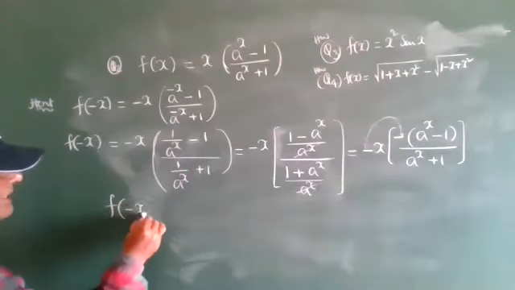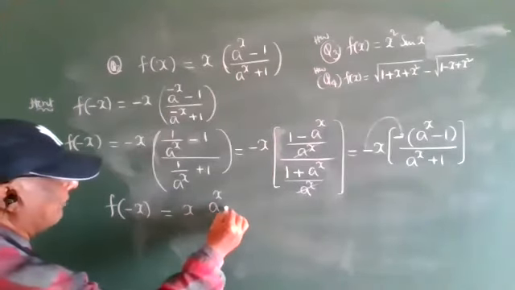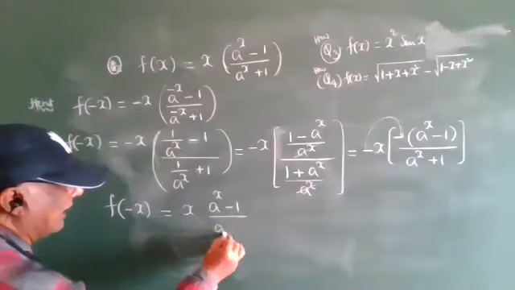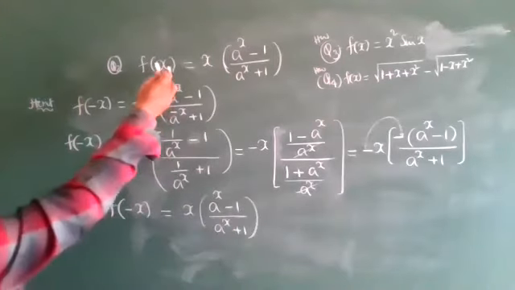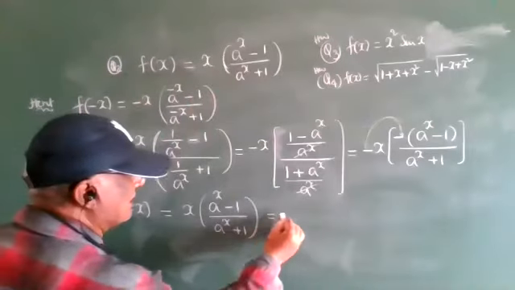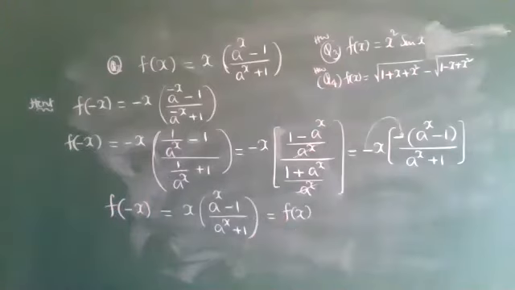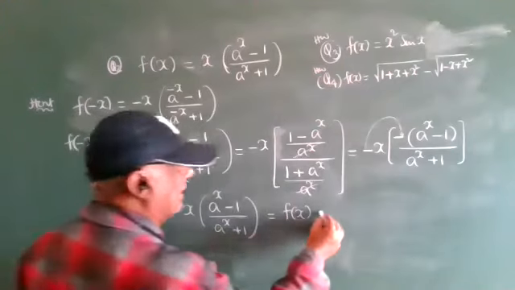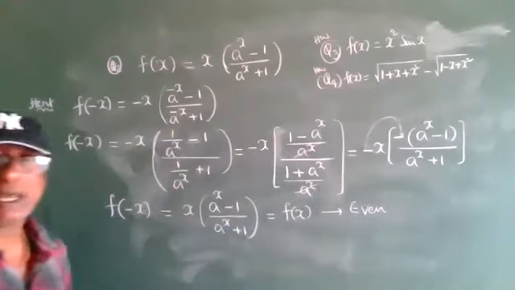F of minus x is equal to x into (a power of x minus 1) by (a power of x plus 1). We get the same f of x, positive f of x. Therefore, it is an even function. Is it clear?